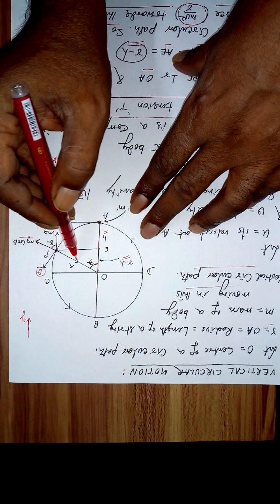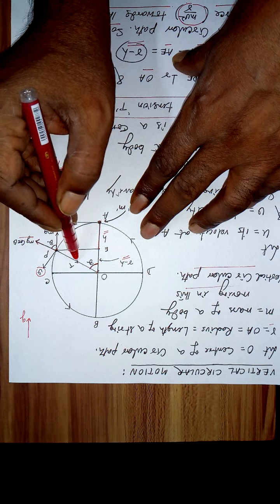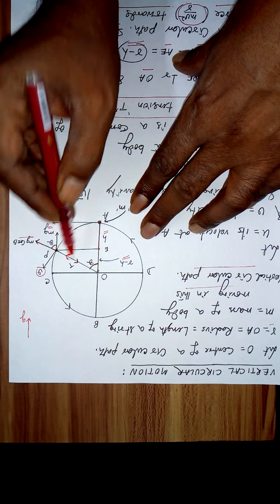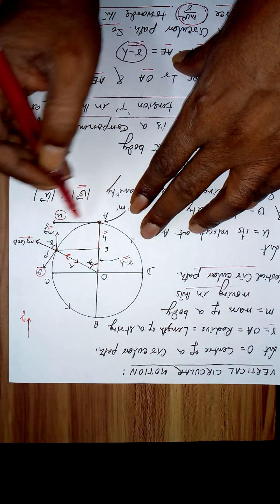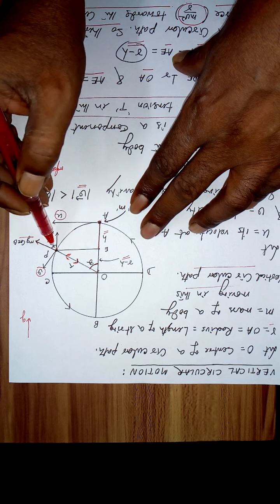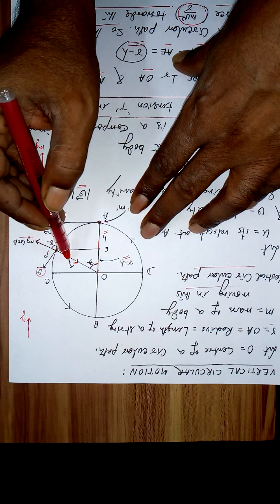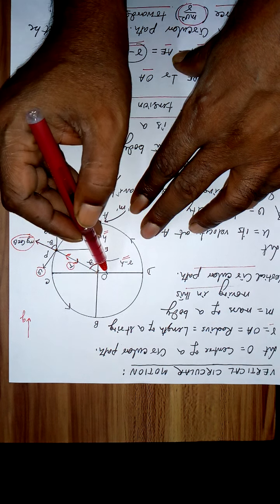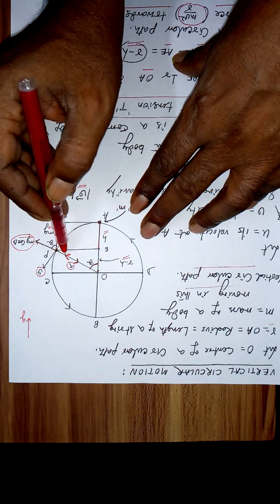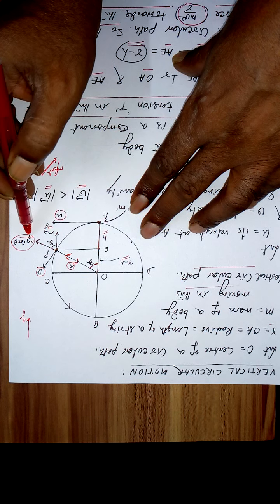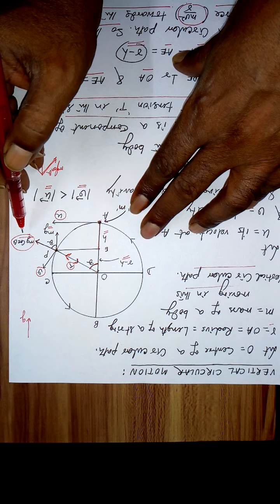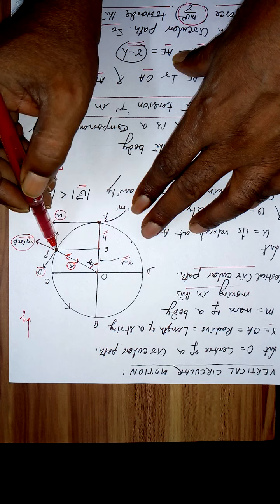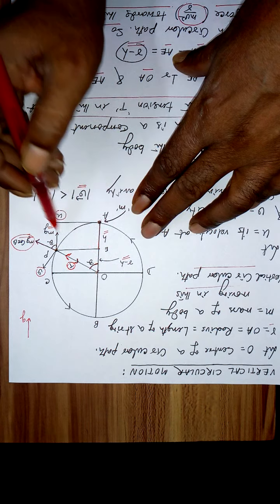Tension in the string acts both ways, to this side and also to this side. But since it is moving in a circular path, I have to take it towards the center. Then only T minus mg cos theta will be the net force towards the center. If I take T to this side, then T and mg cos theta will be away from the center. But we need a force towards the center. So I take T towards the center, that is away from the mass.